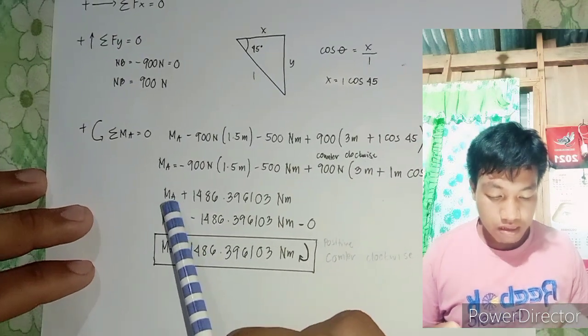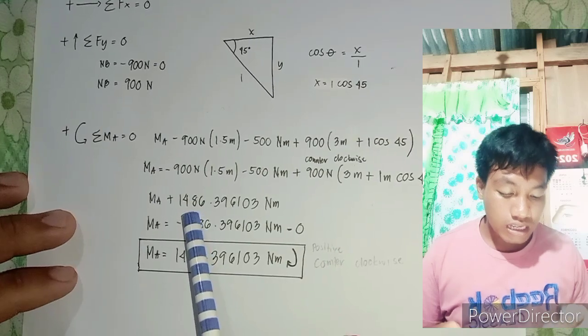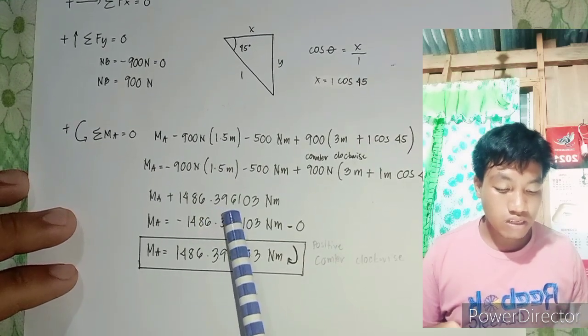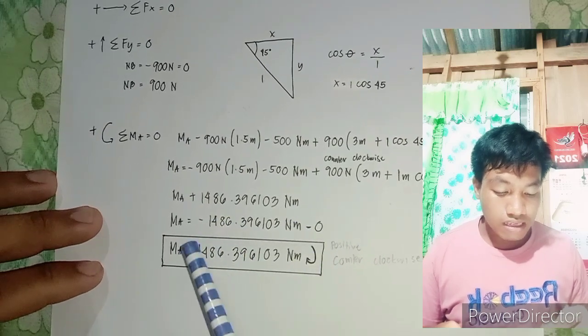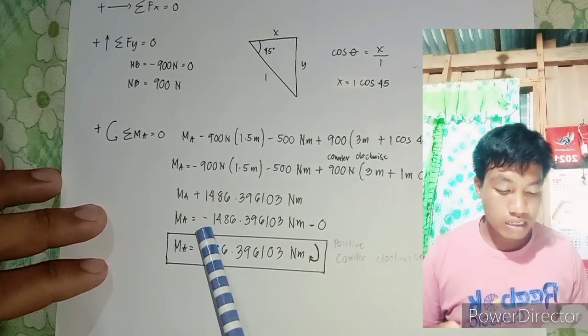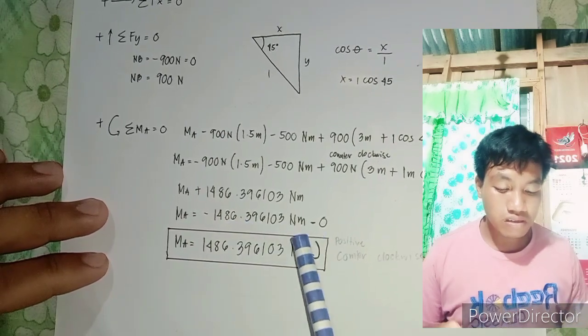Answer, moment positive 1486.396103 Newton per meter. MA minus 1486.396103 Newton per meter is equal to 0.